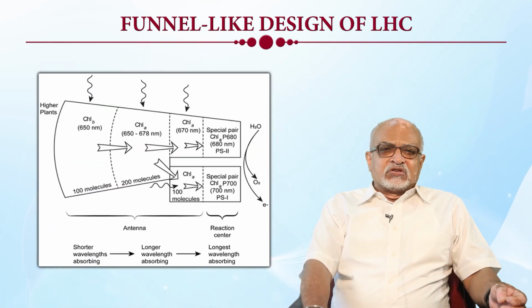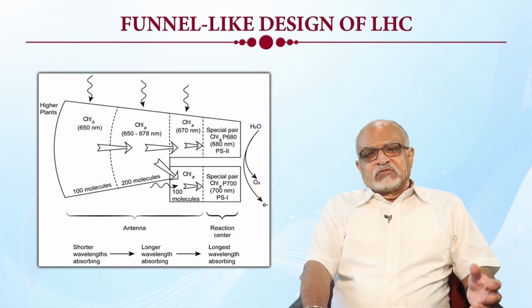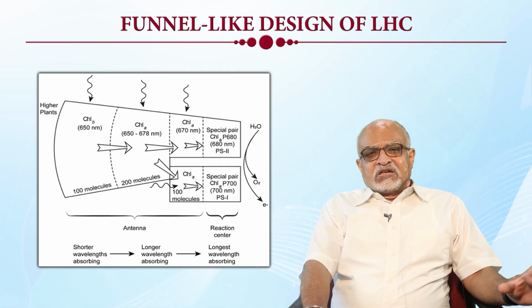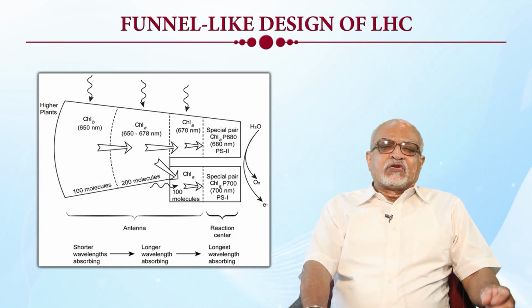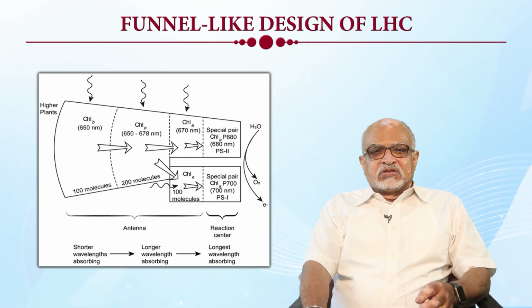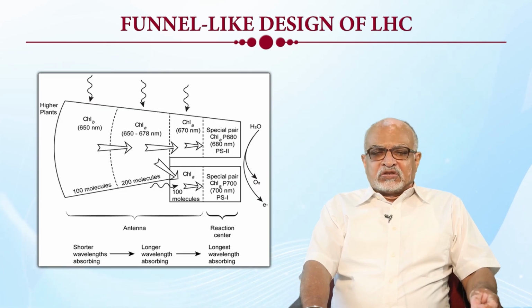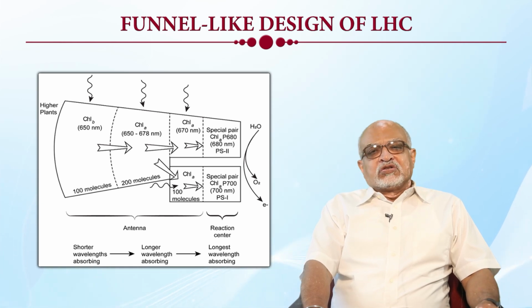But what is important is, as I gave you the example of a dish antenna, they have a funnel-like design, and you can see on your screens that whatever radiation is absorbed, resulting in the excitation of electrons, is channelized and focused in the form of a funnel, finally reaching the energy traps, that is PS1 and PS2, the primary reaction centers 1 and 2, to carry out the processes.